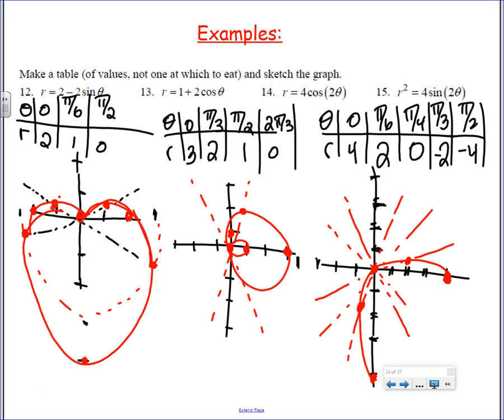2 pi over 3 would be 4 pi over 3, which is also a negative 1/2. Sorry, yeah, it'd be a negative 1/2 times 4. So instead of going towards 2 pi over 3, I'm going away. I'm going to come right back here. And then if I go to pi over 4, once again, that's going to be 0. So I'm coming back here. So as I curve in.